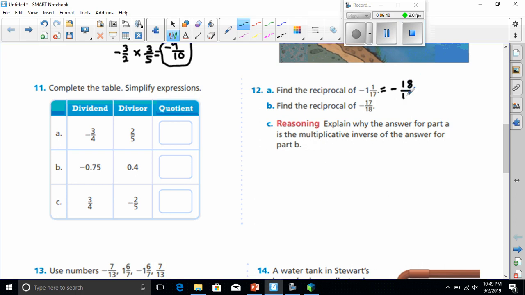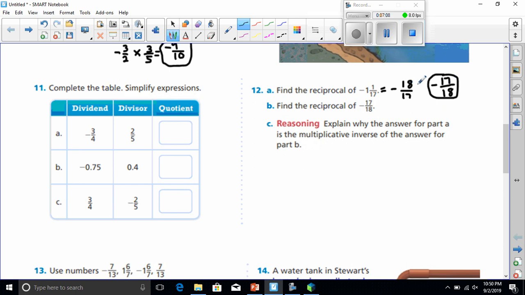over 17. But remember, they're saying they want the reciprocal. The reciprocal means we're going to turn this upside down. So the reciprocal will be negative 17 over 18. Okay? And why is that the reciprocal, you might ask?